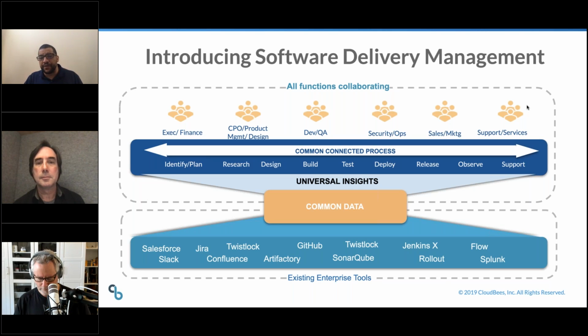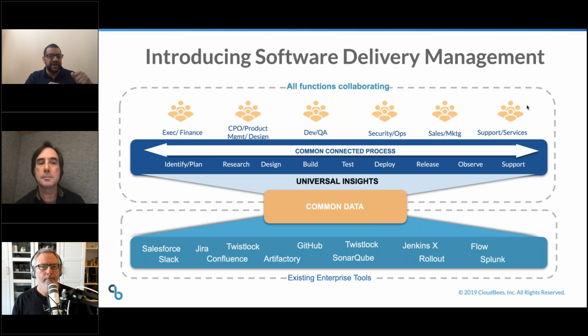And the way we look to overcome some of this impedance and cultural mismatch and preconceived notions of IT and app dev is to recognize that part of the separation is people have a bunch of data stored in different tools across the organization. We need to look to reference or establish a system of reference for common data, and tie that data together. That then establishes us to have shared and universal insights.